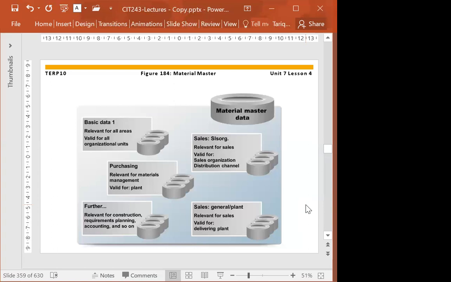We need to enter at least three informations: the basic data, the sales organization data, and the plant data. That is a must. If we do not enter these in the material master record, we cannot use this material for our sales system. So again, please let me know what data we must enter to use this material in the sales system.